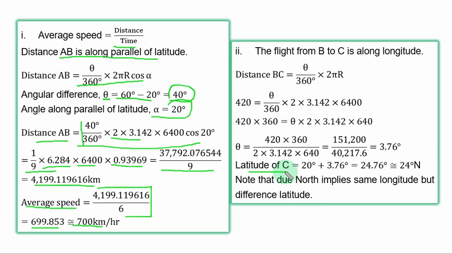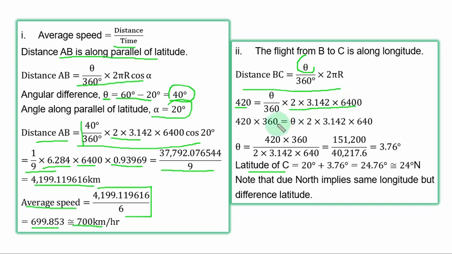So the flight from B to C is along a great circle. This is the formula for such a distance. Now the distance is given as 420. You want to get the latitude, so you replace the rest of the parameters with what they stand for.